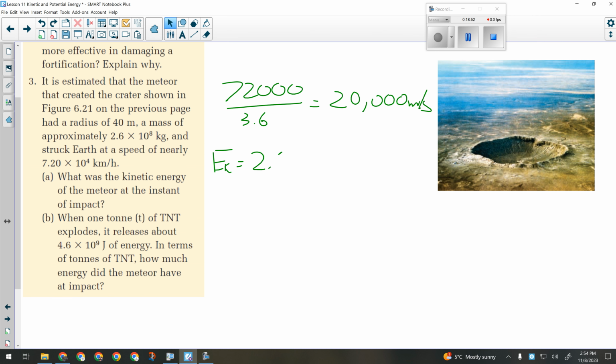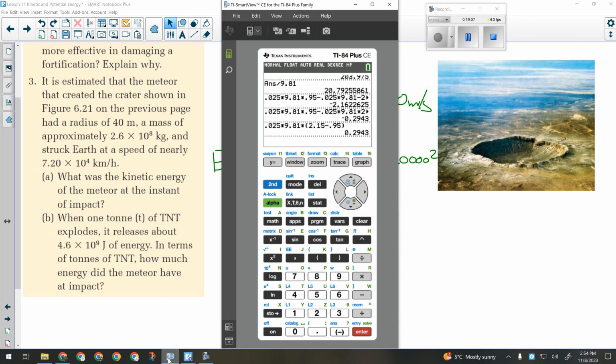I take 1/2 times 2.6 times 10 to the 8 kilograms, the mass of the meteor, times 20,000 squared, and I'll get this big number: 5.2 times 10 to the 16 joules. Does that sound like a lot? It's because it is a lot.